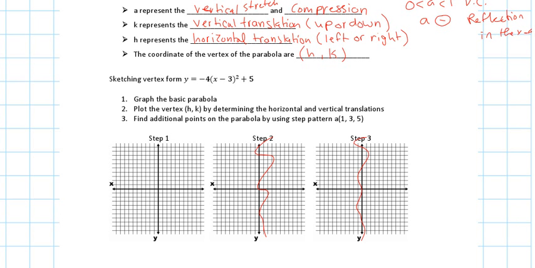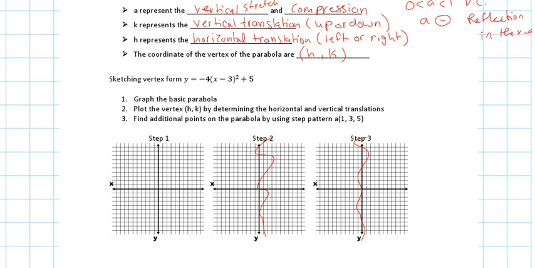So if I ask you to state the transformation, what would you say? What would be the transformation for y equals negative 4 bracket x minus 3 squared plus 5? What does a negative do? Reflection in the x-axis. It's causing what?